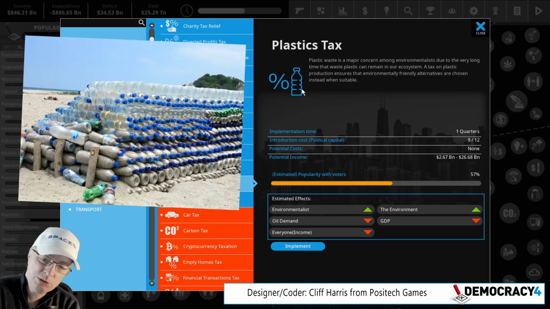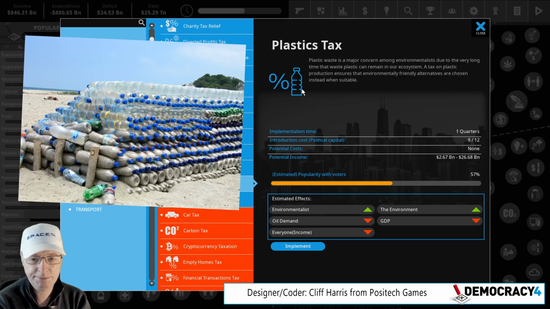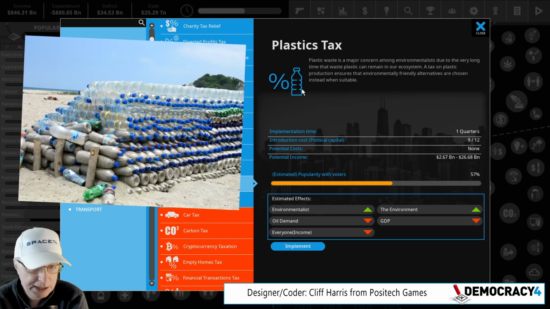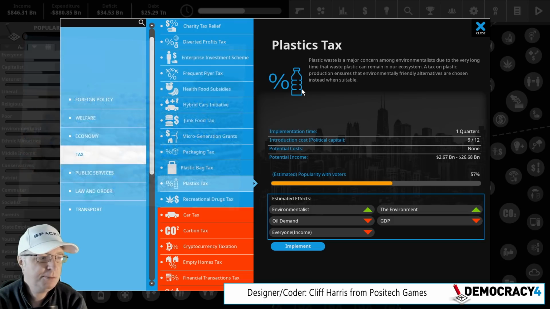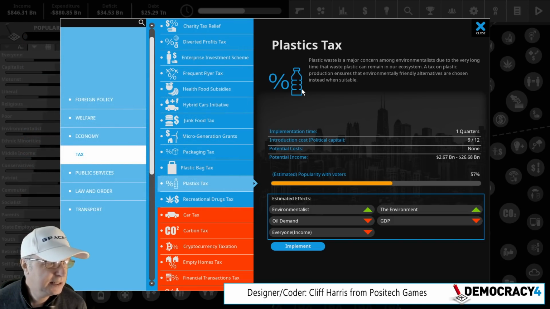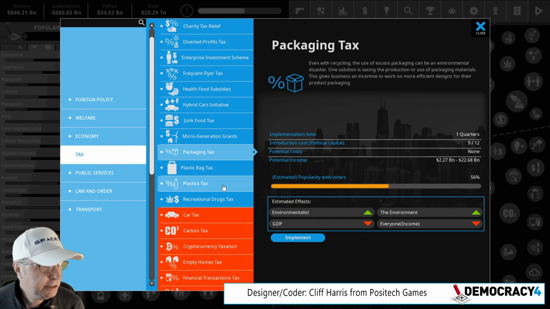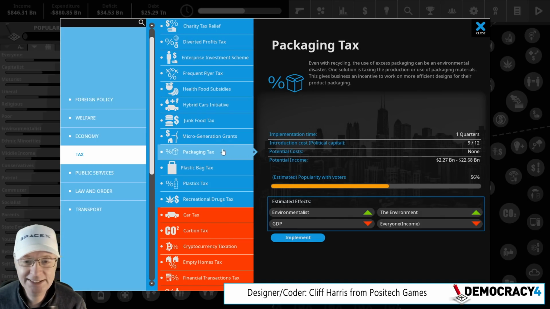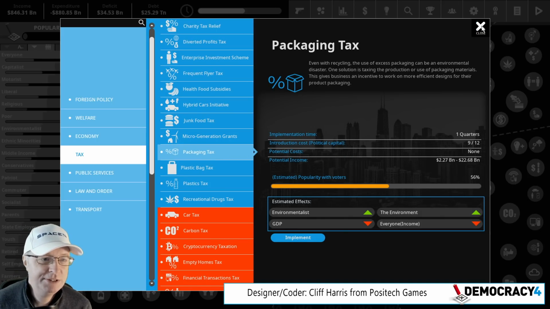It reduces oil demand because it reduces plastics demand, and plastics is tied into the oil industry. So you are reducing the demand for oil if you're reducing the demand for plastics. So it's another environmental tax that's in there. I've tried to balance them as best as I can. Let me know if they're too OP, as gamers say. Packaging tax is OP. Whatever.